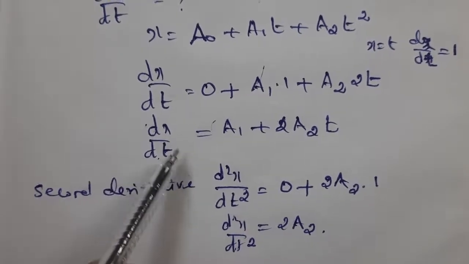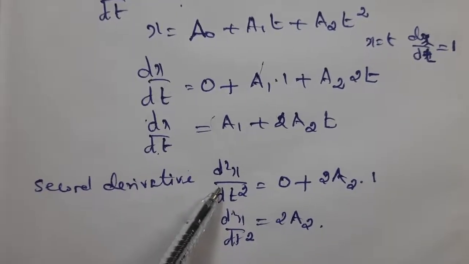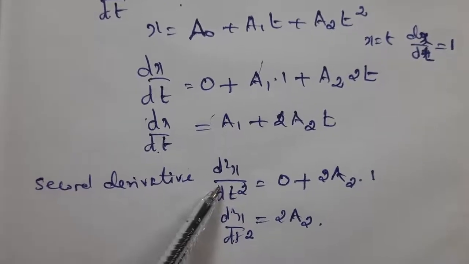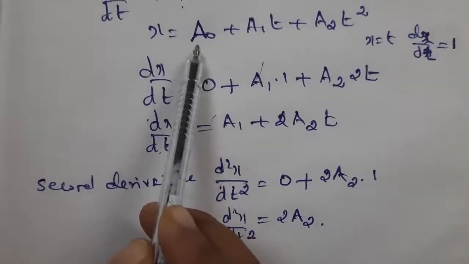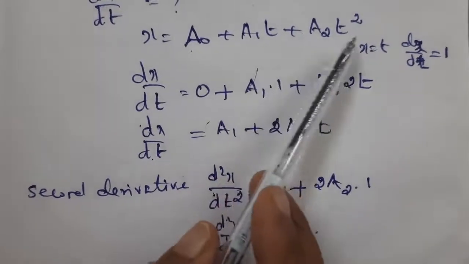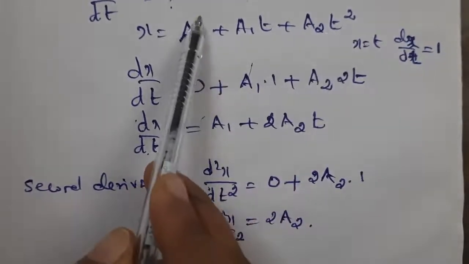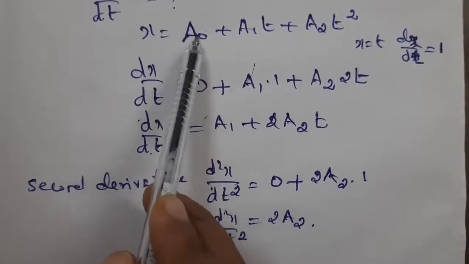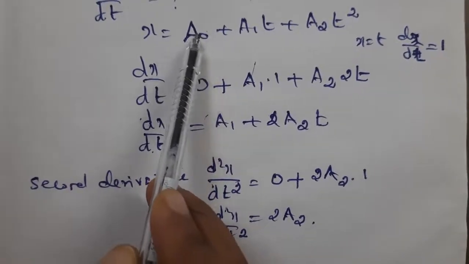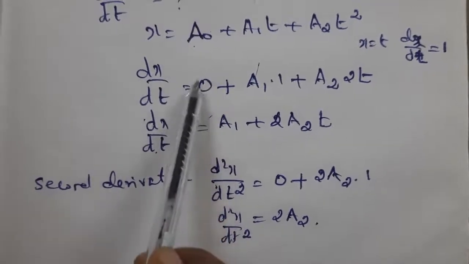Second derivative means two times we have to do the differentiation, that is d square x by dt square. So here the function is given as x equals a0 plus a1t plus a2t square. This a0, there is no t term, so we can consider this as a constant. So when we are differentiating the constant, the formula we have learned, it is 0.